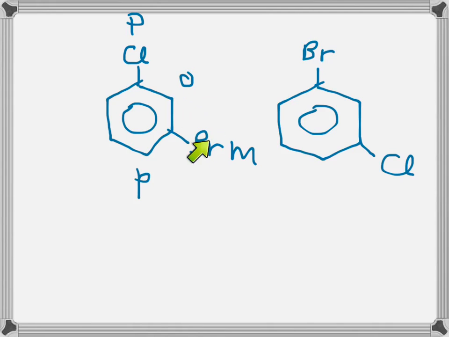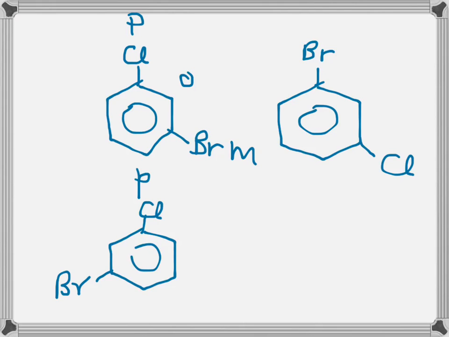Is it an O, an M, or a P? And if I draw it this way, it's still the same thing. So that's why it doesn't matter which one you put at the top or which one you call number one.